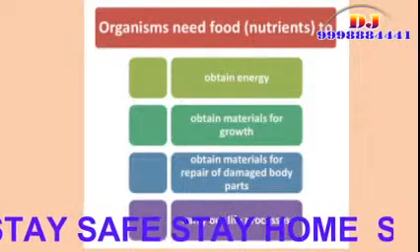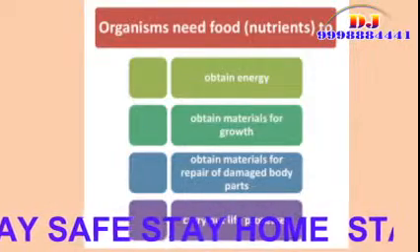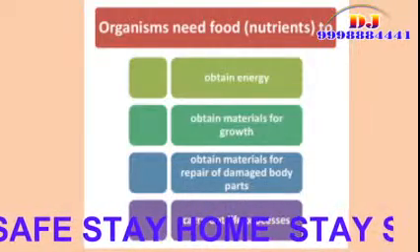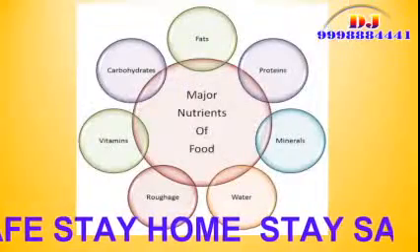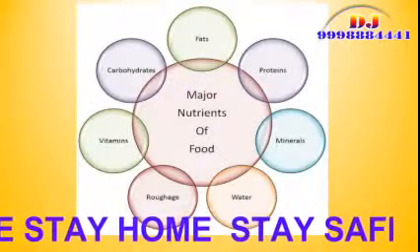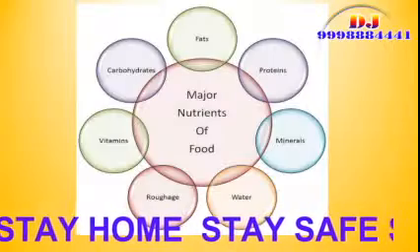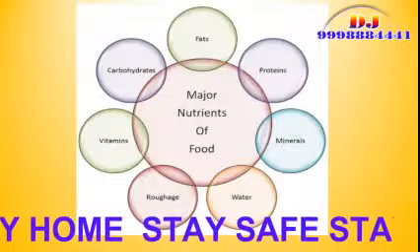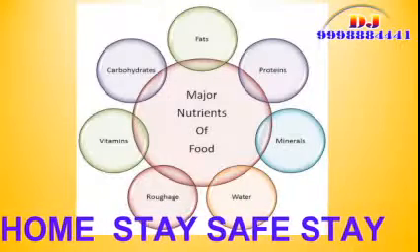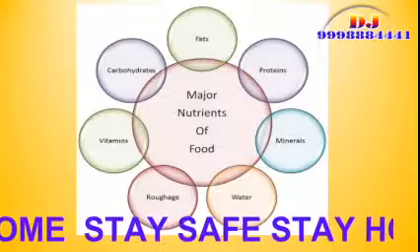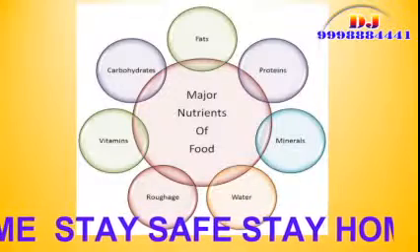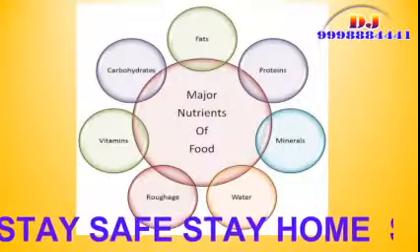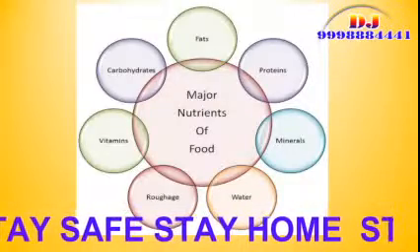We need these nutrients to obtain energy, to obtain materials for growth, to obtain material for repair of damaged body parts, and to carry out our life processes. So we require these nutrients.